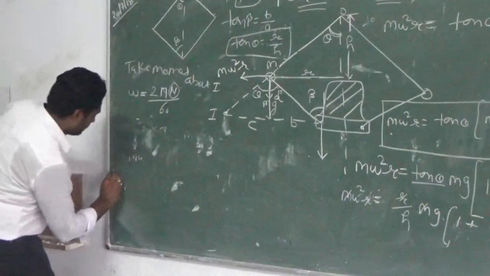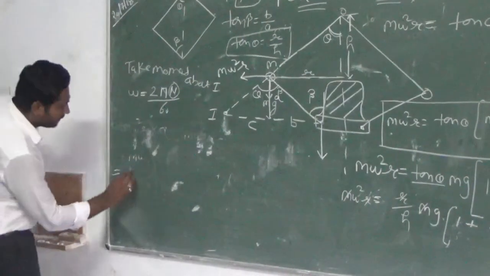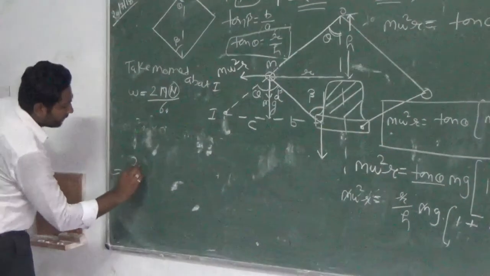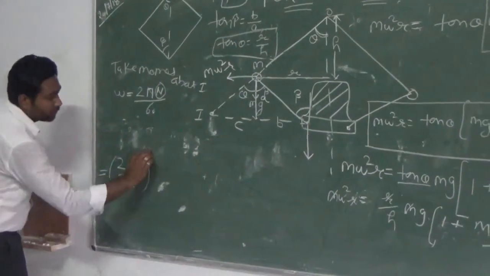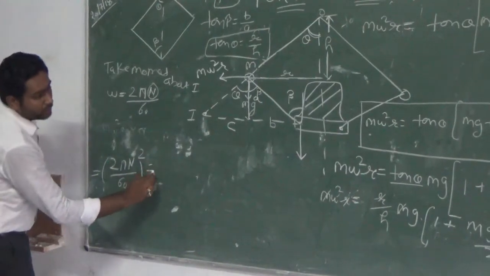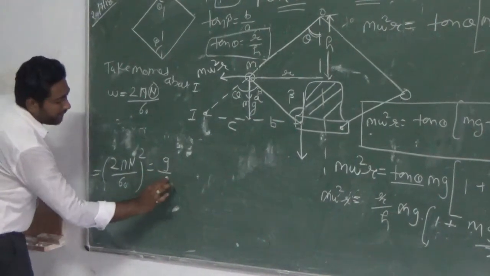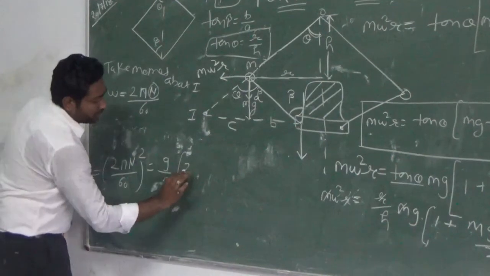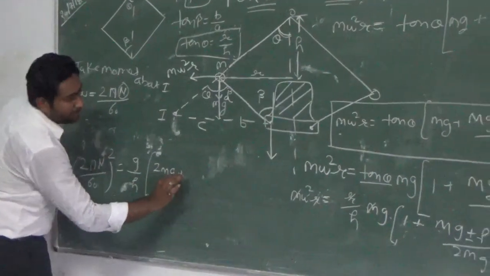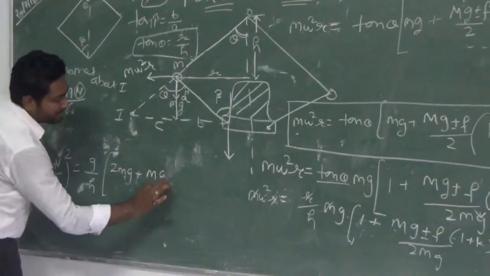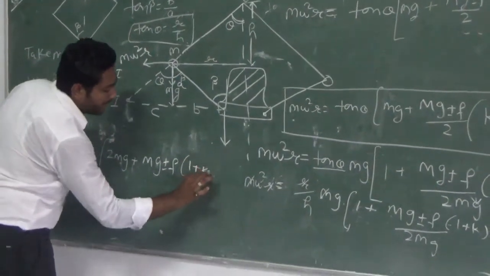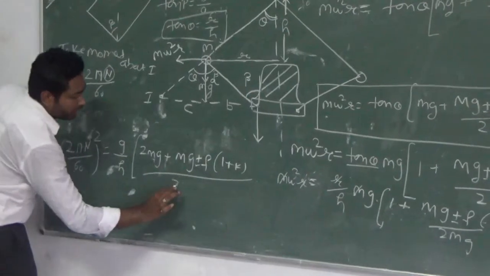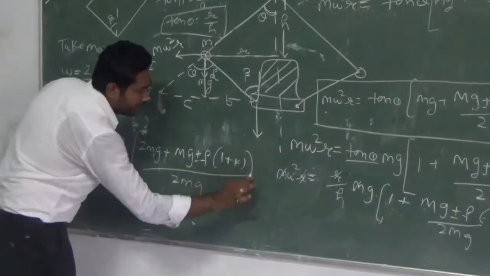So further continue this equation from omega, I write 2 pi n upon 60 square is equal to g upon h, 2 mg plus capital Mg plus minus f, 1 plus k upon 2 mg.